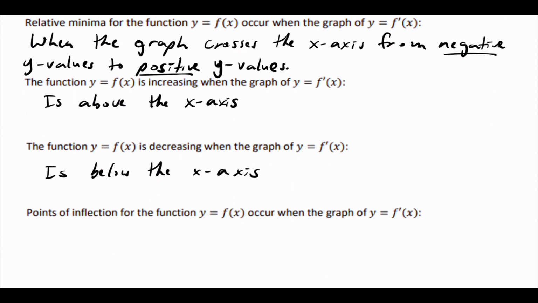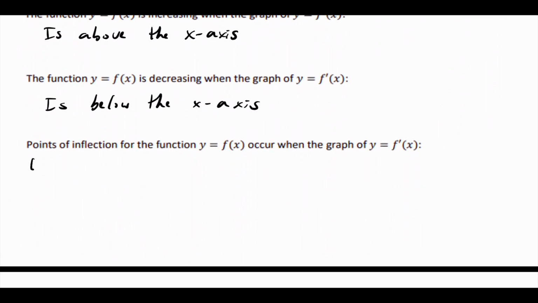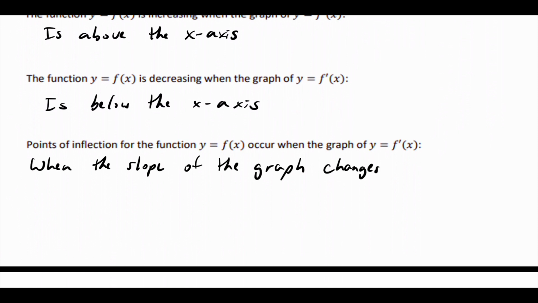How do I find points of inflection? What did I look for with points of inflection? Something about the slope, right? When the slope of the graph changes from positive to negative, or vice versa, from negative to positive.